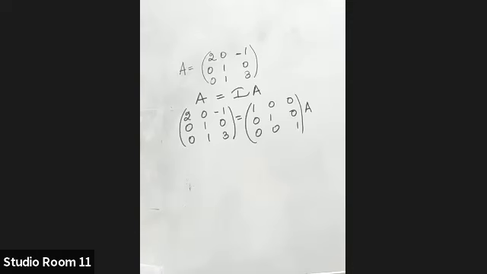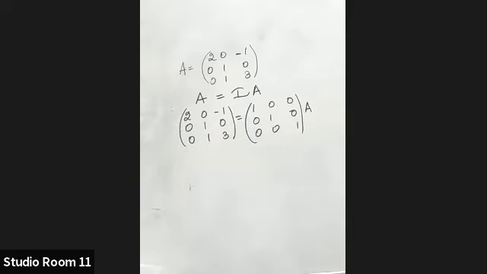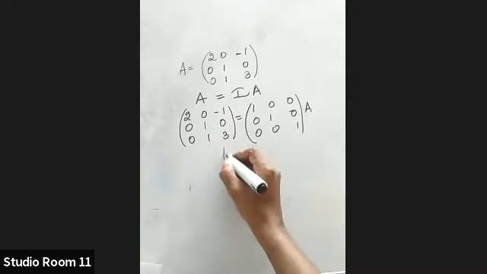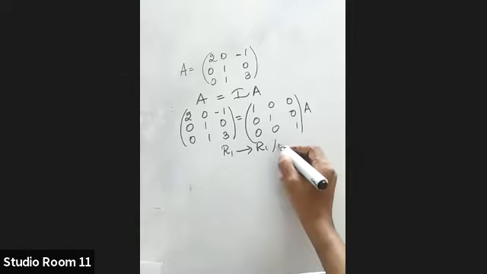Yes, ma'am. Then tell me what you will do. What is the first thing we have to do? First row, first column, we want 1, isn't it? Here it is 2. So what is the operation you will do? R1 gets R1 by 2.